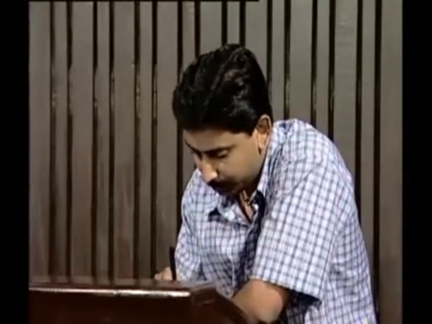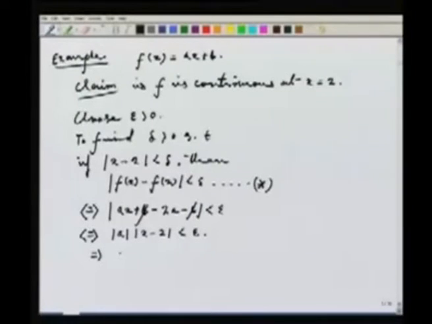Well, then this implies that |x - 2| < epsilon / |a|. Now just check. Suppose I choose delta to be equal to epsilon / |a|.